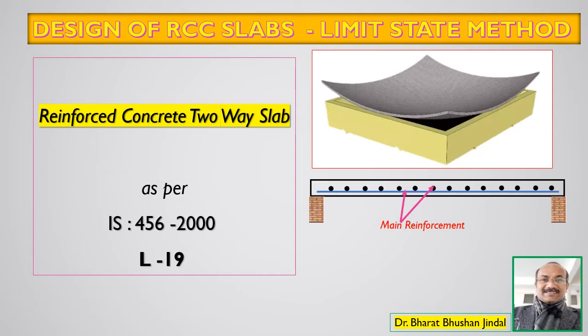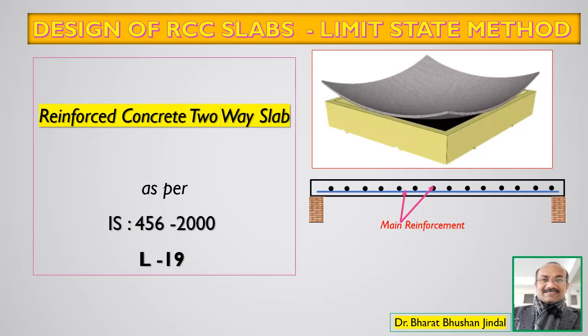So accordingly we have to find out the reinforcement requirements, and we will be providing reinforcement as shown in this diagram. That means main reinforcement along x-axis as well as y-axis, or you can say main reinforcement will be provided along longer span as well as shorter span. So this will be the technical difference between them.